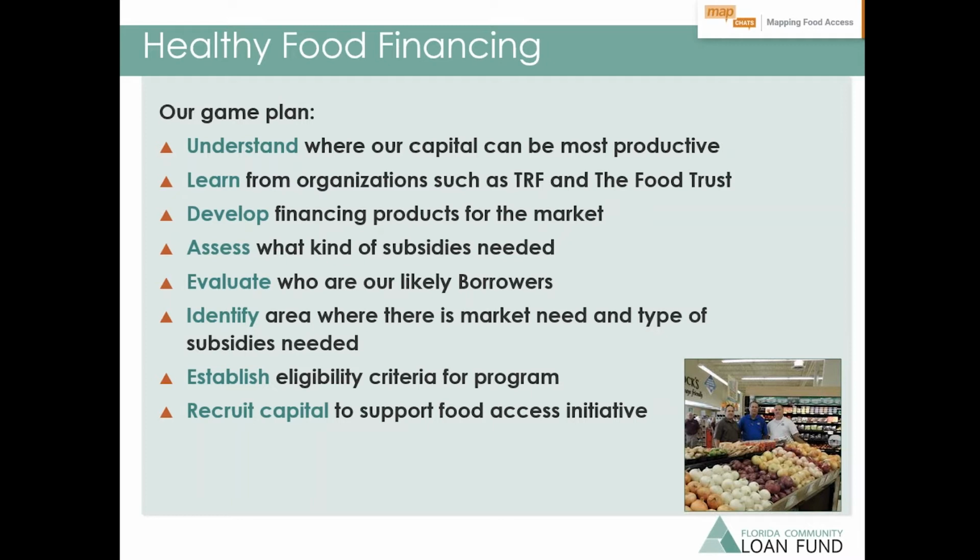Critically important part of it is assessing what kind of subsidies that the market will need in order to solve some of the issues that we're trying to address. Understand who our likely borrowers are, how best to incentivize them to move into the areas that show unmet need, and really formulate overall our program eligibility criteria, try to understand and formulate a process that responds to the need in the market demands, the needs of our funders and our partners.